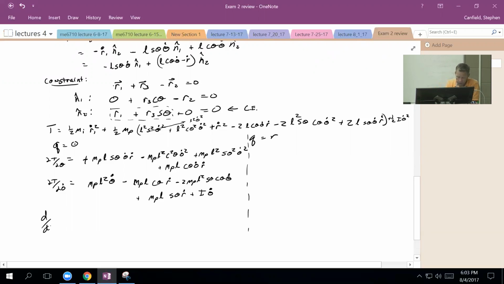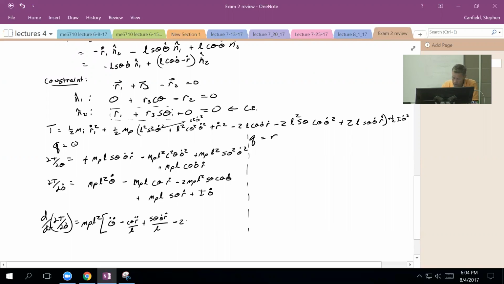Get the ddt of the partial of T with respect to theta dot. Lots of terms, going to expect lots of terms here. So MP times everything. Let's say MP L times L squared everything, theta double dot. I got to take the time derivative of this, so it's going to give you a minus C theta R double dot over L, and then a plus S theta theta dot R dot over L. Okay, next term.